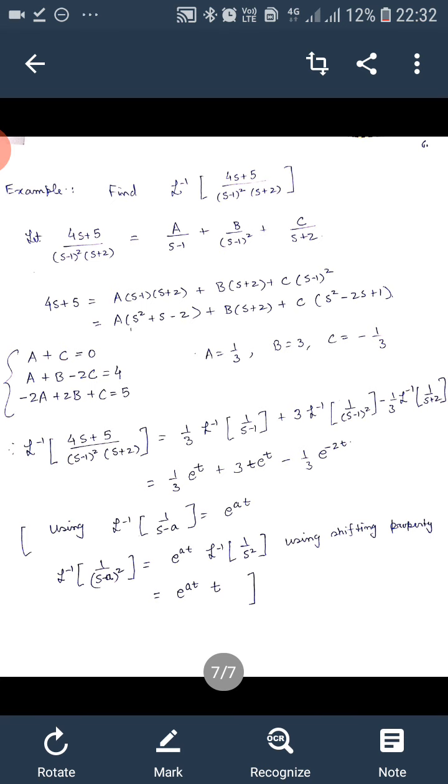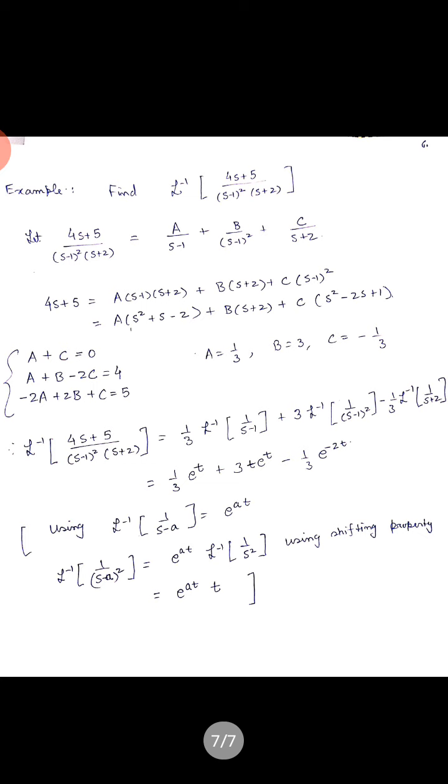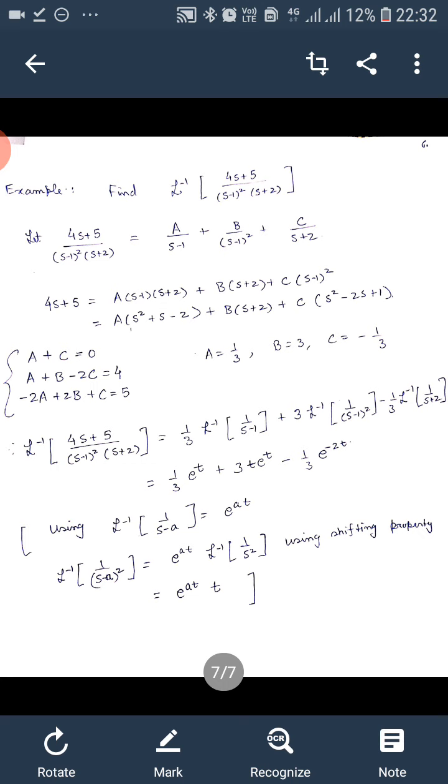Finally we are going to use these values of a, b and c in this expression. So the inverse Laplace transform of 4s plus 5 over s minus 1 whole square times s plus 2 will be equal to 1 over 3 times the inverse Laplace transform of 1 over s minus 1, plus 3 times the inverse Laplace transform of 1 over s minus 1 whole square, minus 1 over 3 times the inverse Laplace transform of 1 over s plus 2.